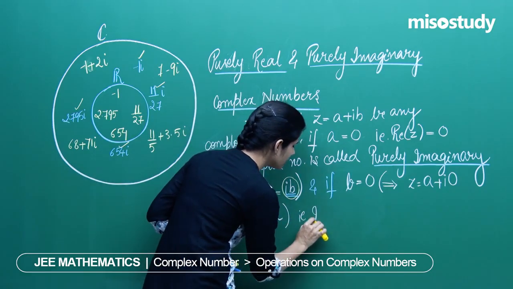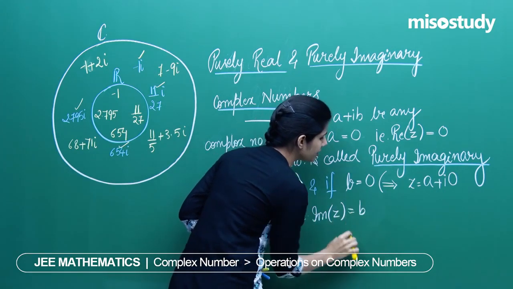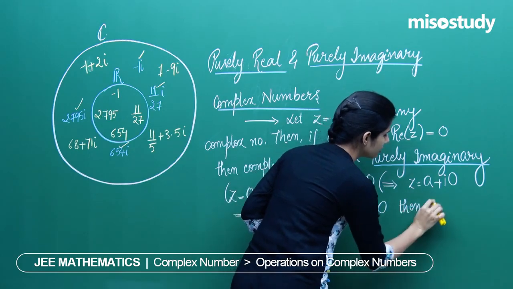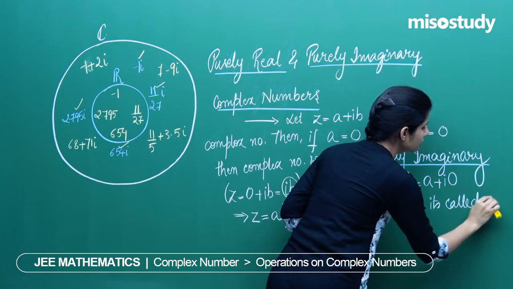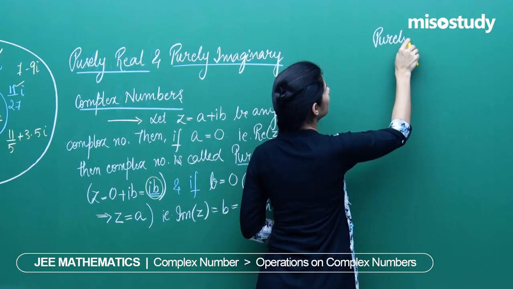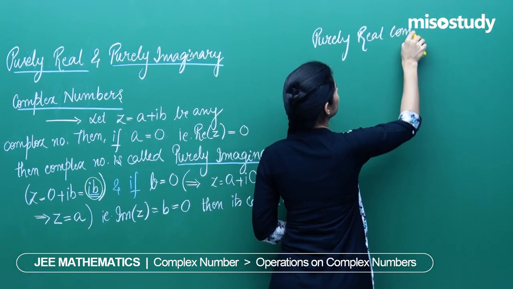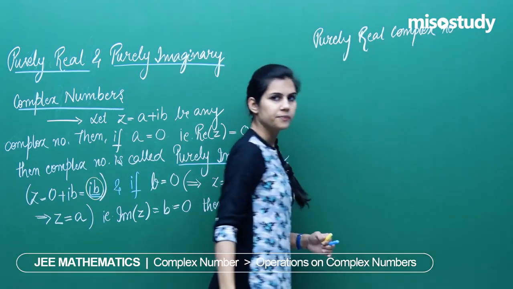When the imaginary part of the complex number given by b is 0, then it's called a purely real complex number.